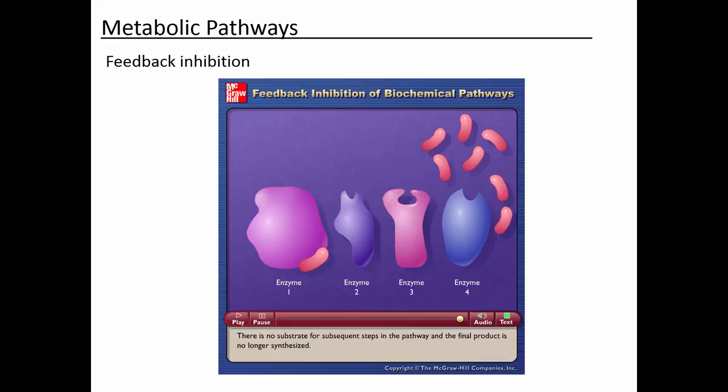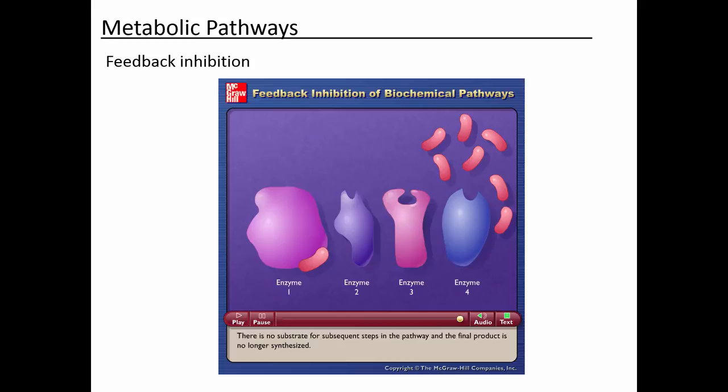So in the specific example that they gave you in this animation, the final product inhibits the first enzyme. So the final product goes back, binds to the first enzyme, and inhibits it, and in that way that's feedback inhibition.